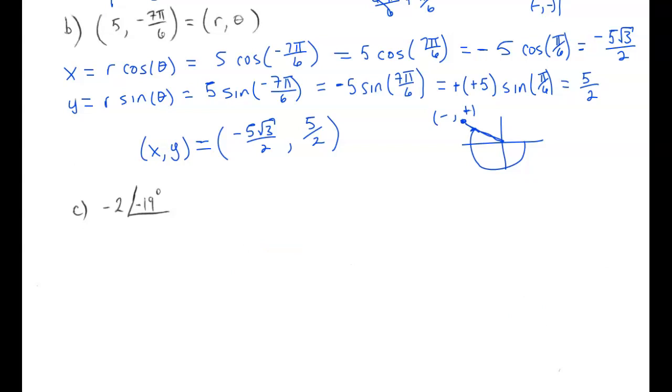So for example C, we have a situation where our radial coordinate and our angle are both negative. And so one of the things that I want you to note here is that we can convert this into a way that's going to be a little bit more beneficial for us to deal with.